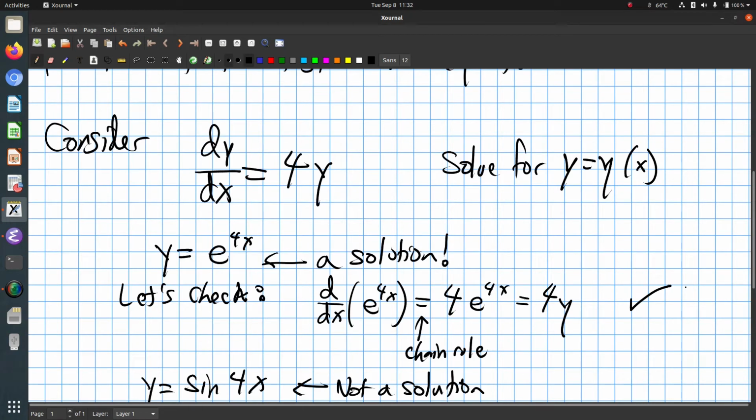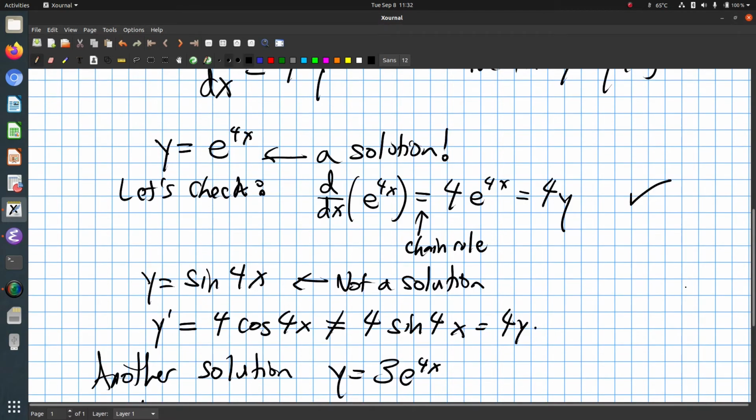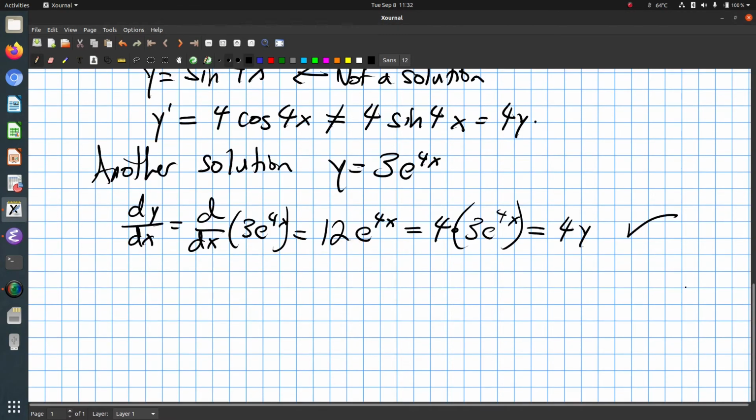So this differential equation has multiple solutions. In fact, it has an infinite number of solutions. You'll notice the coefficient up front didn't really do anything. That 3 was kind of irrelevant. So many solutions: y is equal to a e^(4x).